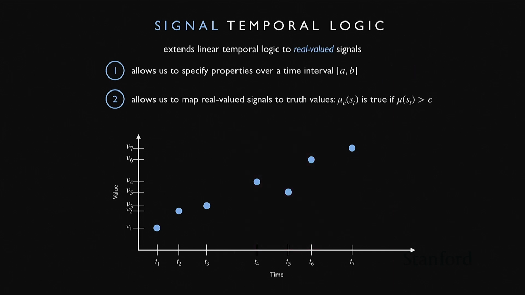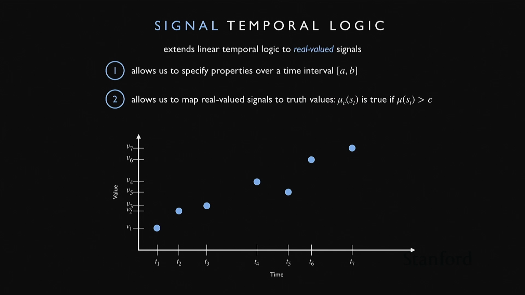The second thing that signal temporal logic allows us to do is map real valued signals to truth values. It introduces an extra type of predicate function that we can use to map real values to a truth value. It has this form called mu sub c of our state.